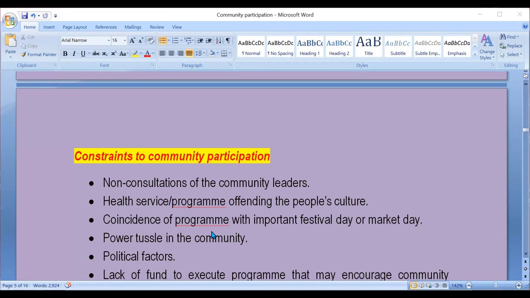So that's why when they are involved in the planning stage, they say, on the 14th of March, we are going to have our New Yam Festival. So you shift the program.